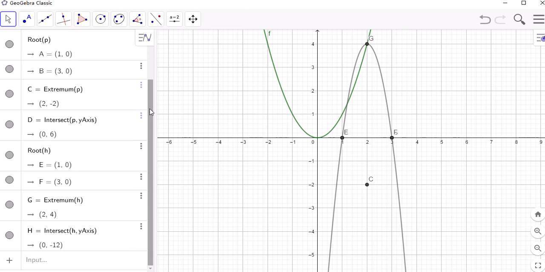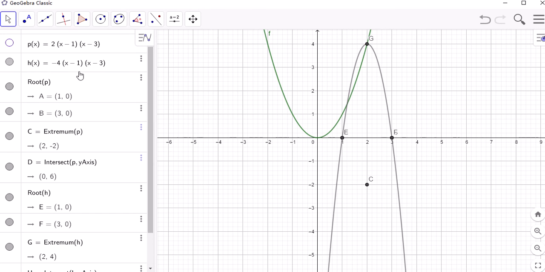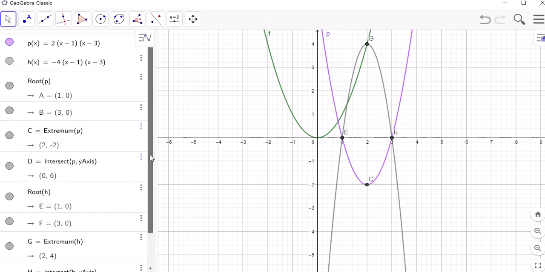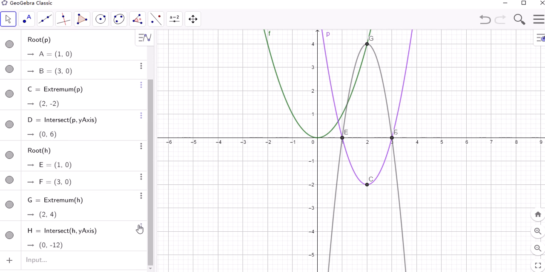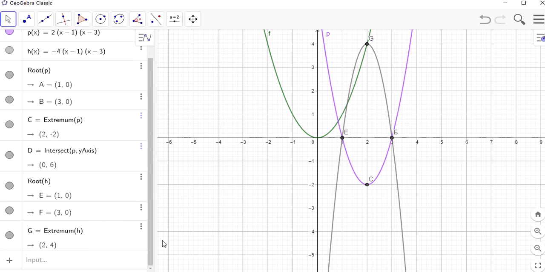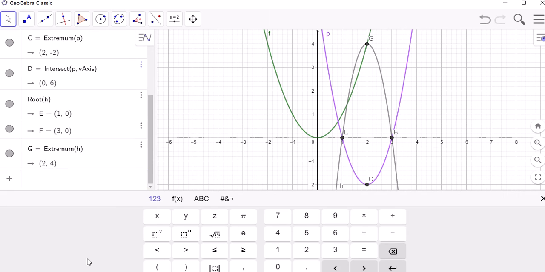So it's two parabolas shown here, and they share the same axis of symmetry, at x equal 2.